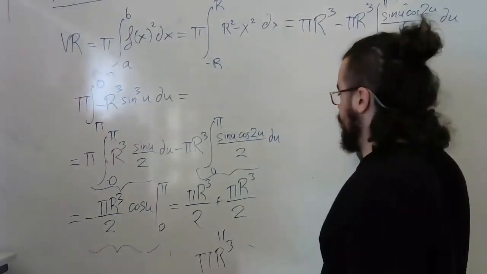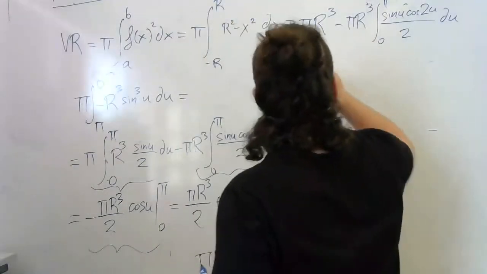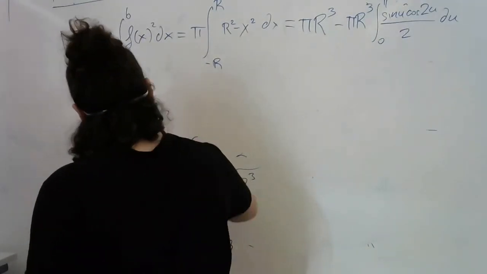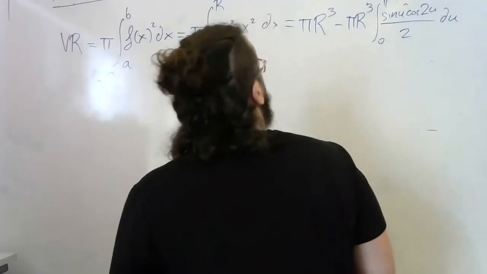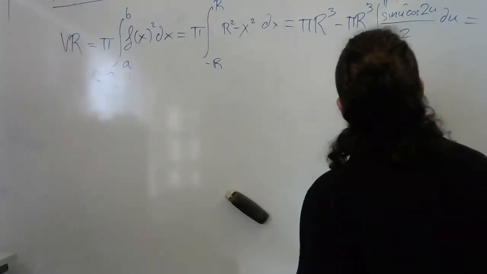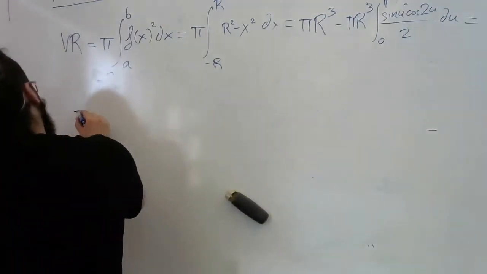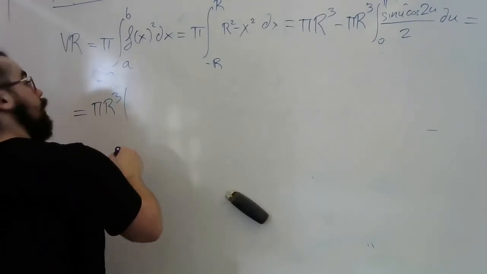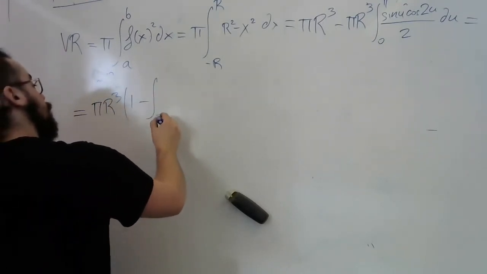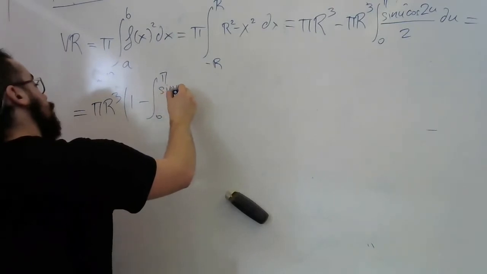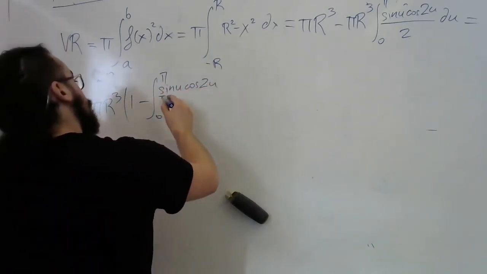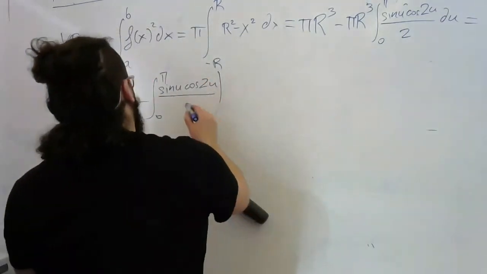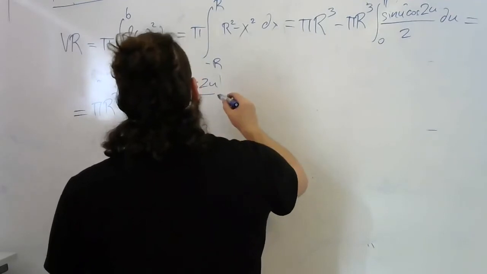Is this visible on the screen? Perfect. This is correct. Two comes here.